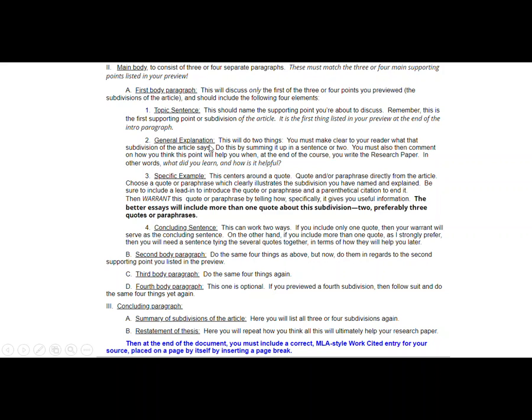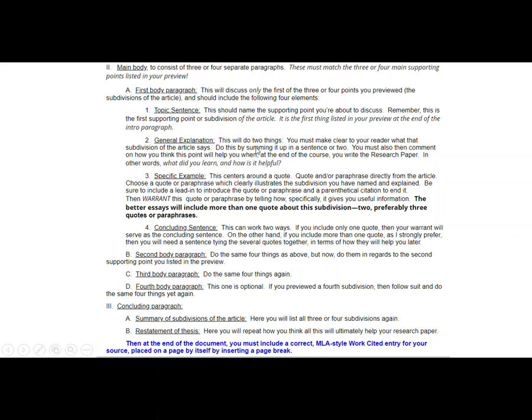In other words, your paragraph will be divided into 2 pieces. The first half of your paragraph will focus on summary, and the second half of your paragraph will focus on commentary, how you think this point will help you when you write your research paper.